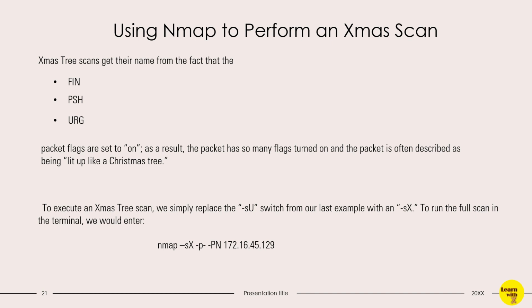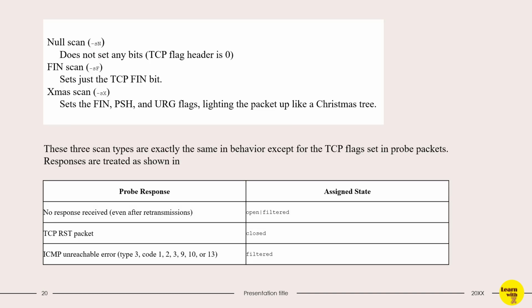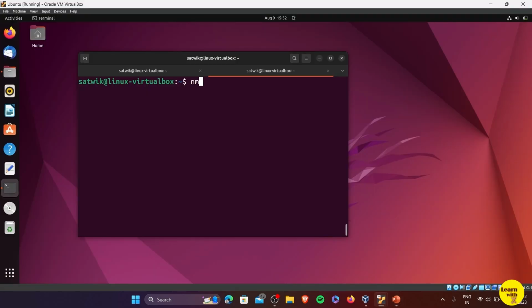Let's get into the Linux machine and perform the null scan, FIN scan, and Xmas scan. First we type nmap -sN -p and then the target IP address.